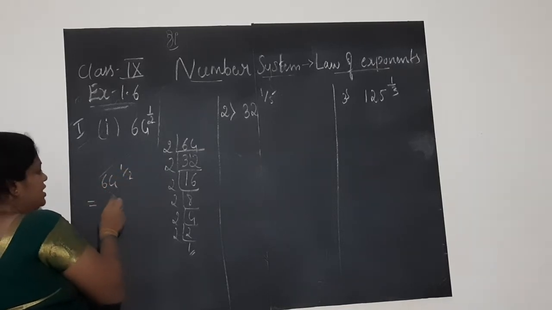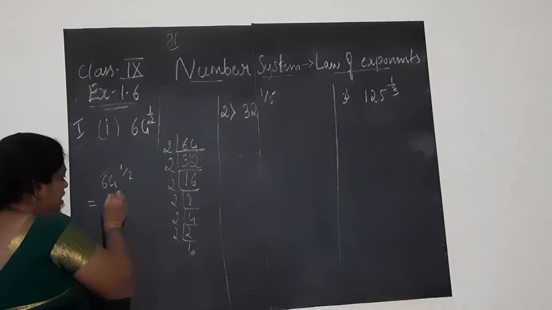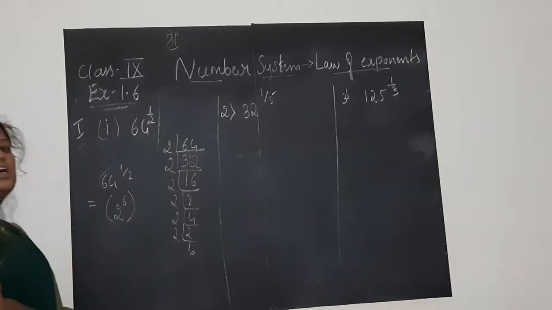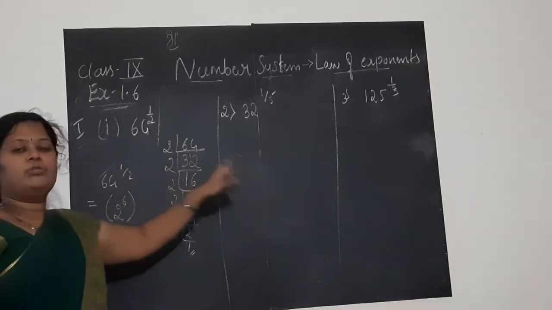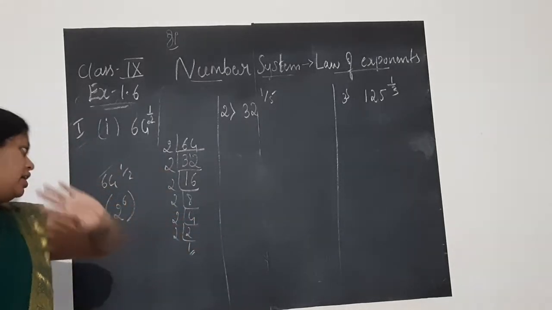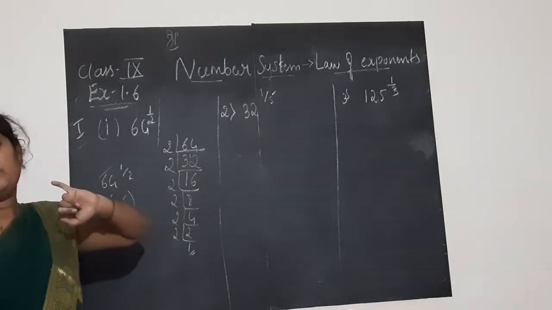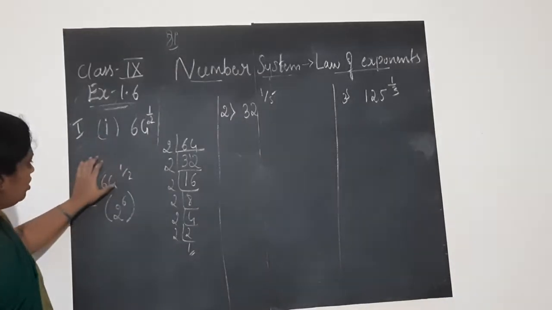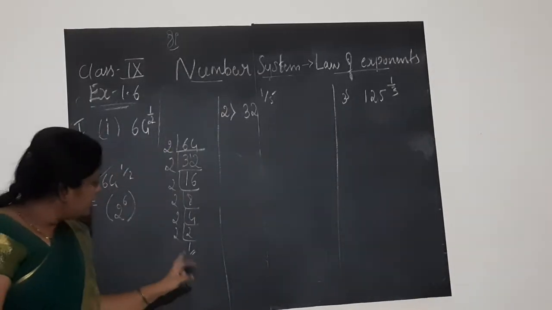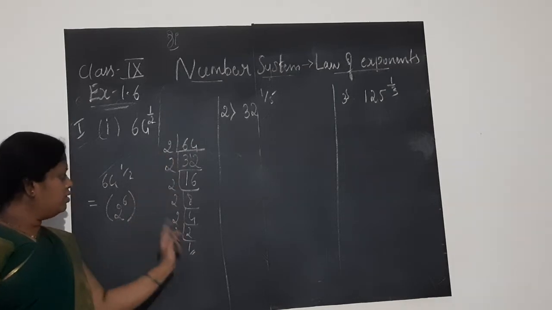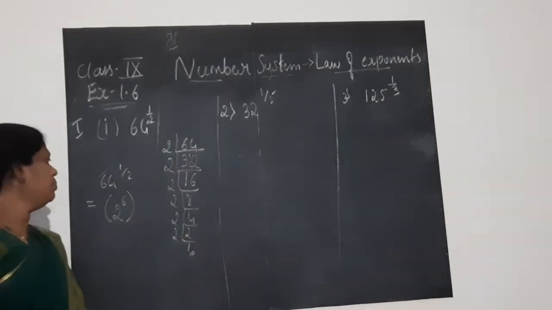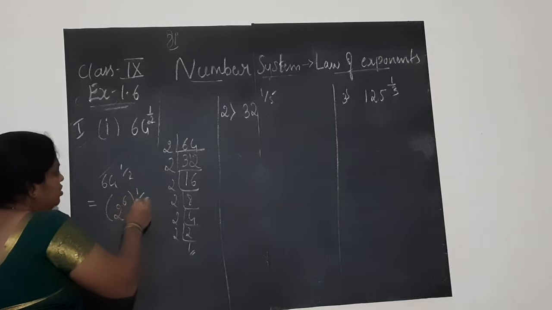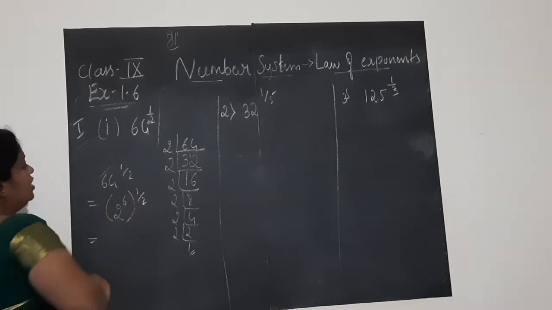It can be written as, in place of 64, children, now I will write 2 to the power 6. I will not show you by writing 2 into 2 into 2, 6 times and all. No, that work and all for you. So 64 to the power half means, power half I am not at all touching. What I got for 64 with the LCM method is 6, so 2 to the power 6 whole to the power half.